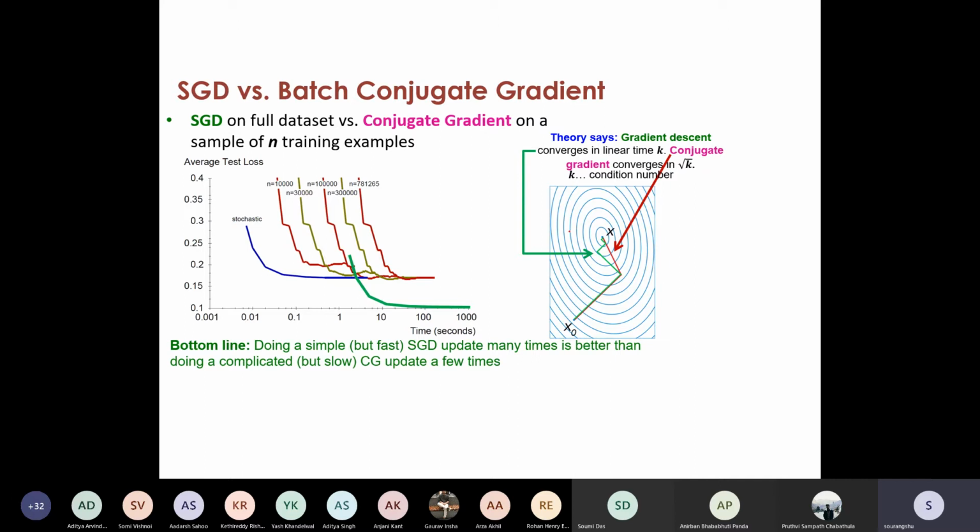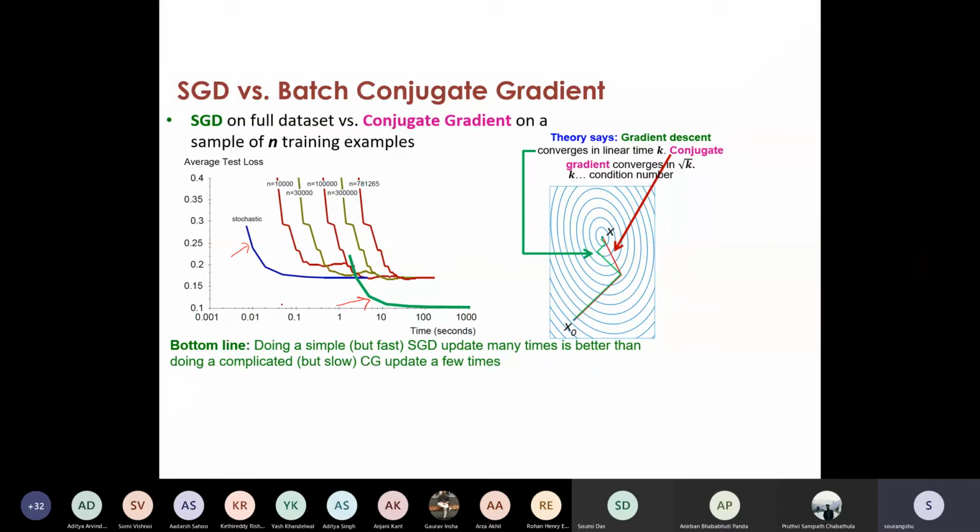And this is an analysis, again the same thing, against conjugate gradient. Here you can see this is stochastic gradient descent. This is the actual gradient descent, okay. And these are conjugate gradient descent methods, okay. And these are on, I think, logistic regression, okay. And again, the x-axis is the time here.